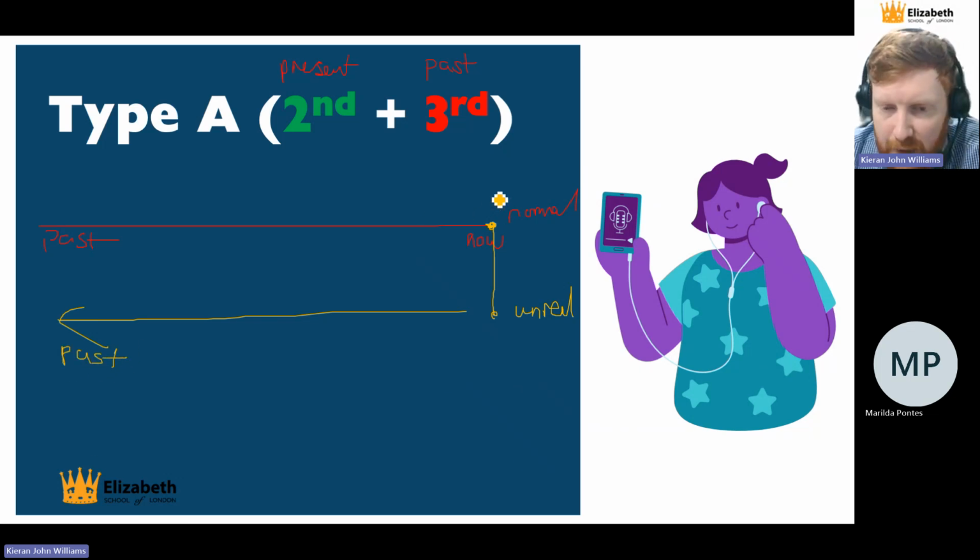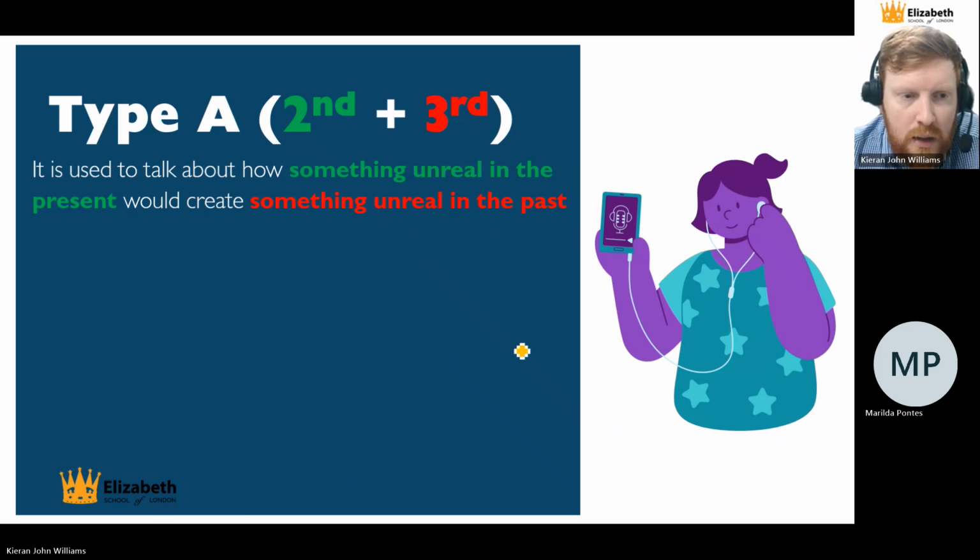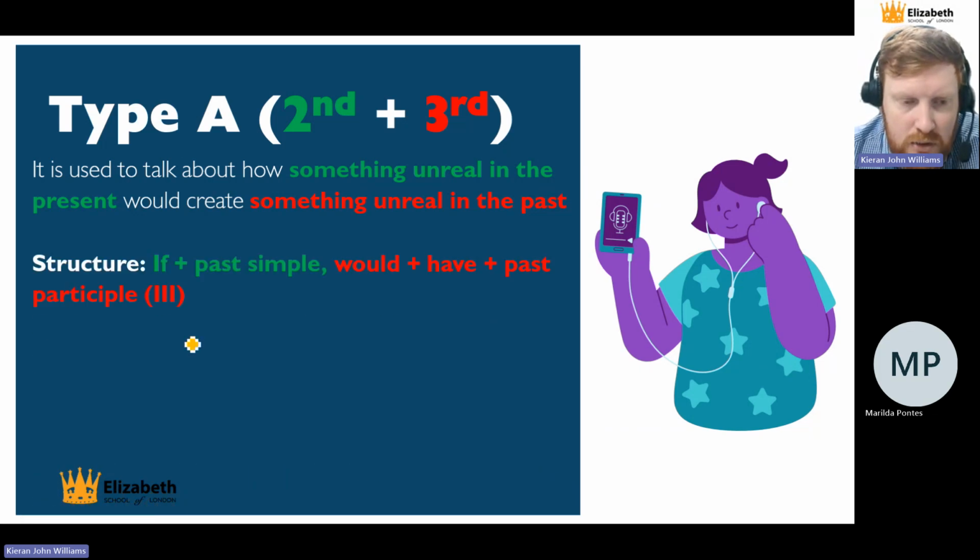Okay, so something strange or magical or weird happens in the present, and therefore the past changes as well. So it's talking about something unreal in the present, which then creates something unreal in the past. So, as we've mentioned, if plus past simple, would, have plus past participle, the third form.